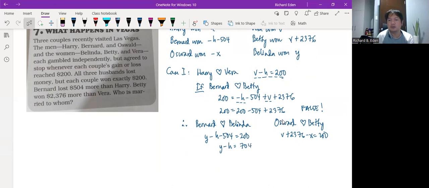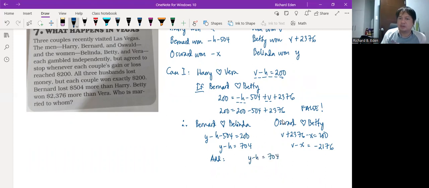So y minus h equals 704, and then v minus x equals, well, this is going to be really large, no? 200 minus 2376, so minus 2176. So we have 3 equations. V minus h equals 200, y minus h equals 704, and then v minus x equals negative 2176.